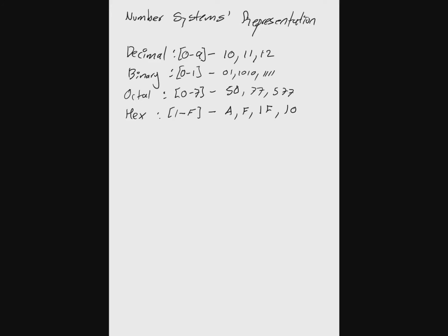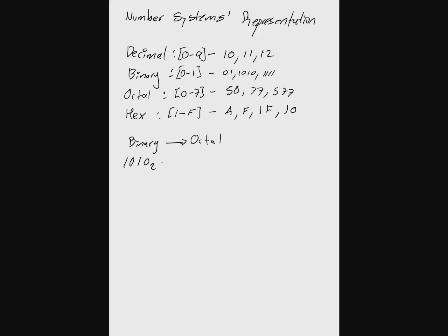Alright, so how do we transform from binary to octal? So what we want is the octal system. What you could do is see any number in binary, such as 1010, just like the one we've been working on.